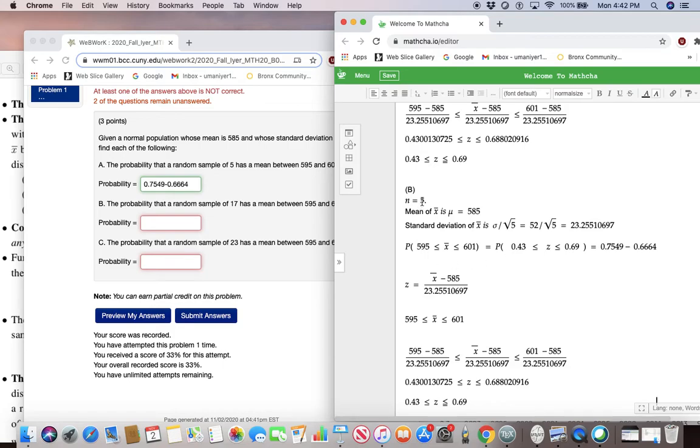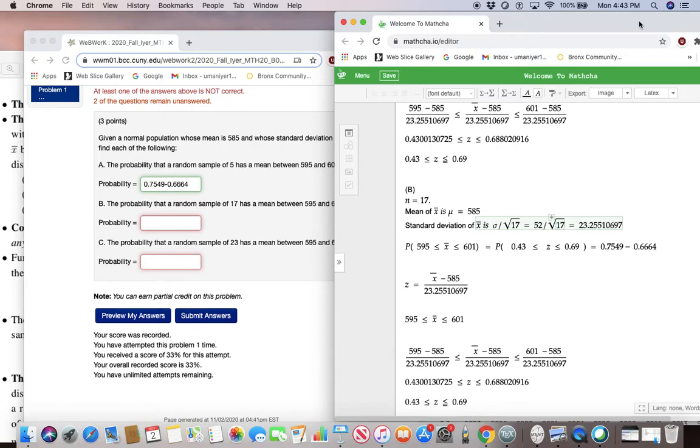Now n is 17. Mu is the same, but the standard deviation of x bar is sigma over square root n. So now that is 52 over square root 17.